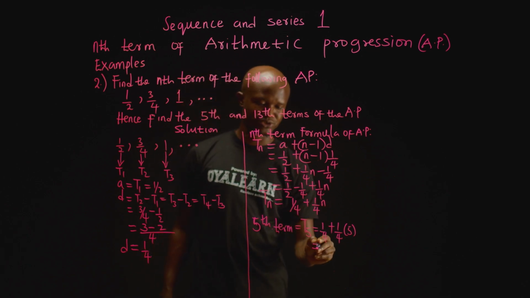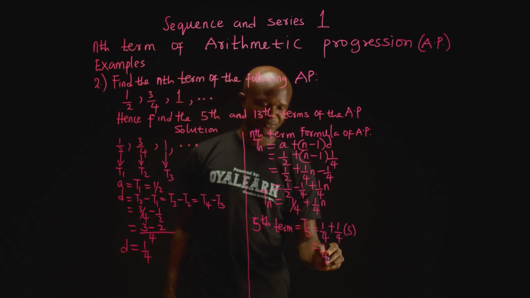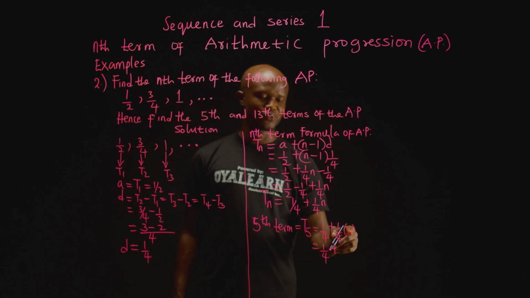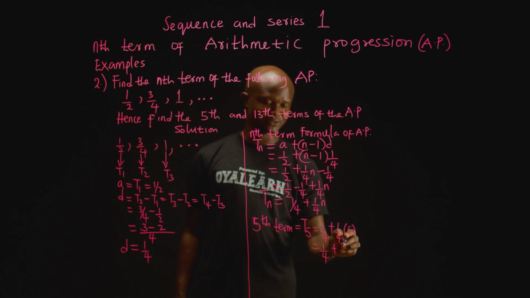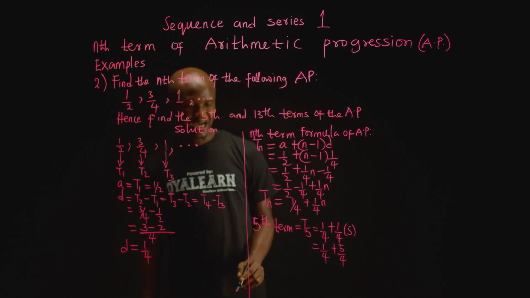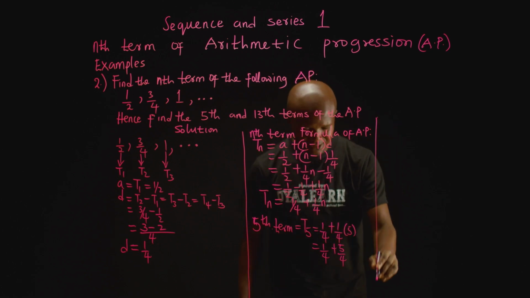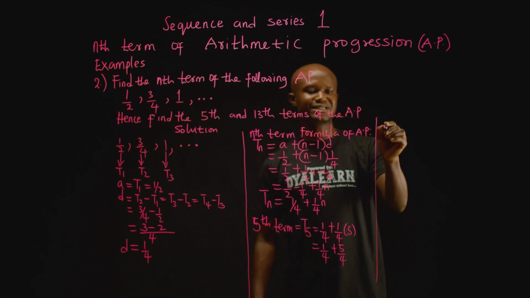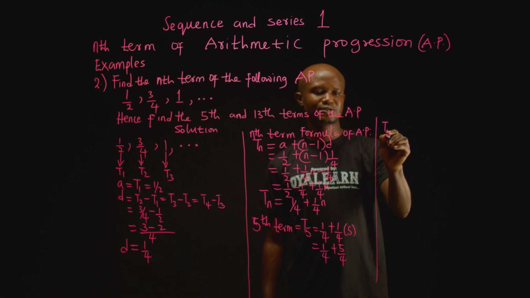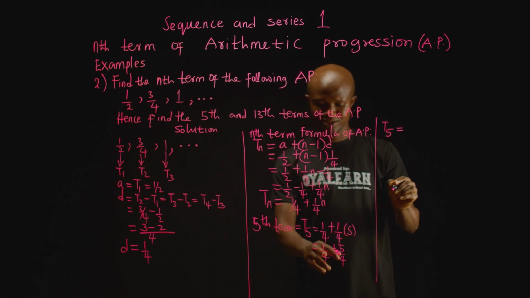This is equal to 1/4, then plus 5 times 1, what are we having? That is 5/4. And this one will now give us what? Simplifying further, it means that T5 is equal to what?